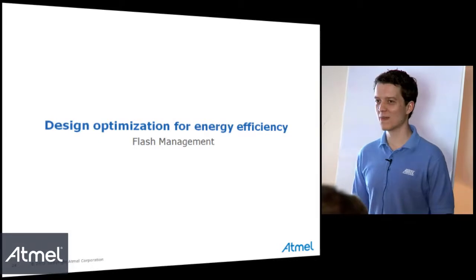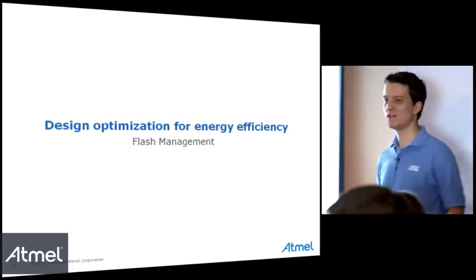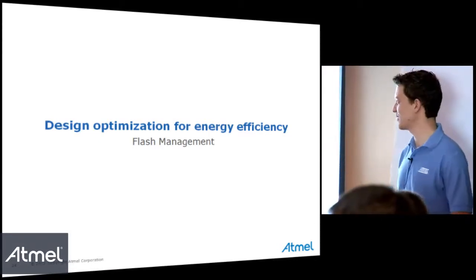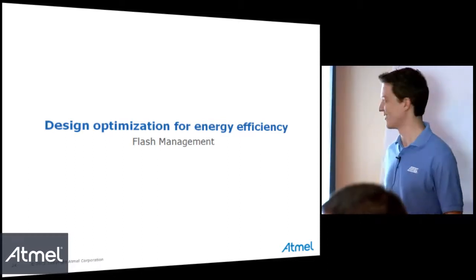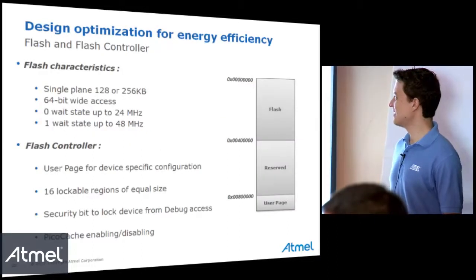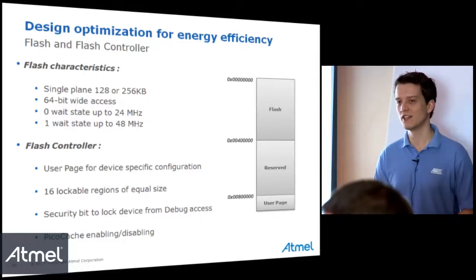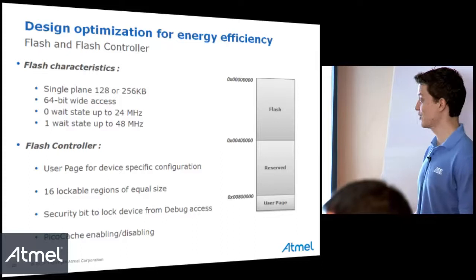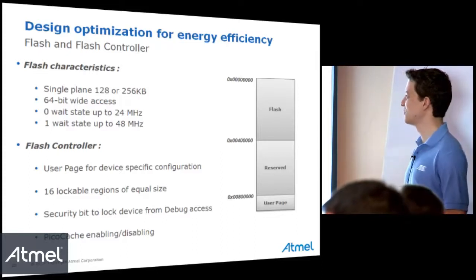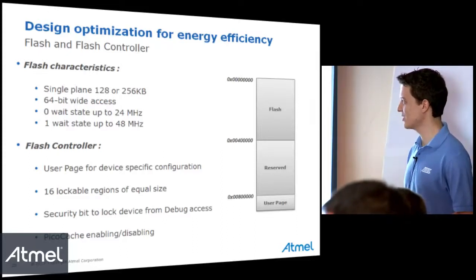Okay, so the next design optimization is for flash management. I will talk about Pico Cache now. In terms of flash characteristics, we have a single plane 128 kilobyte or 256 kilobyte flash.